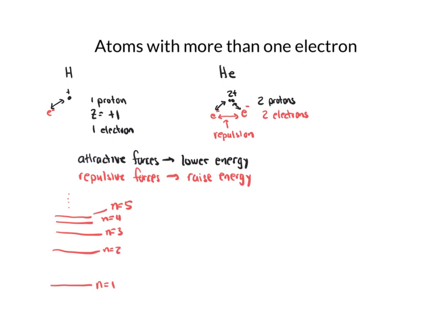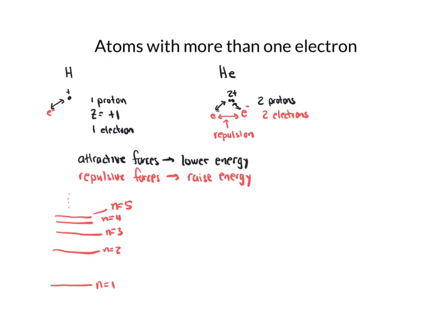But for atoms that have more than one electron, such as helium, where we have this electron-electron repulsion, the shape of the orbital is going to interact differently with different electrons in levels with different shapes. And so the amount of repulsion is going to change depending on the L quantum number.